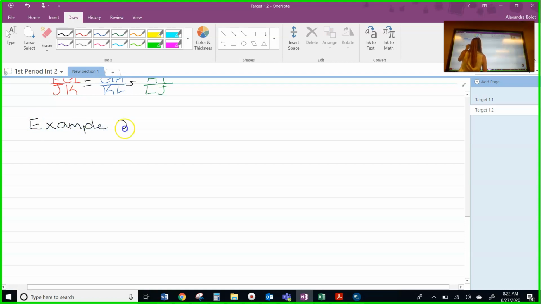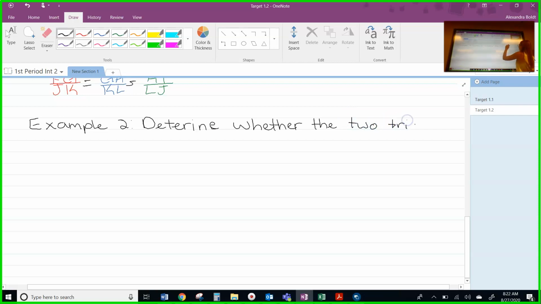Determine whether the two triangles are similar. Alright, so I'm determining whether these two triangles that I'm going to draw are similar.